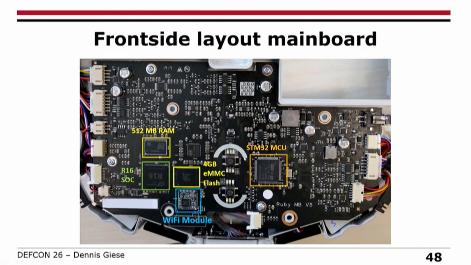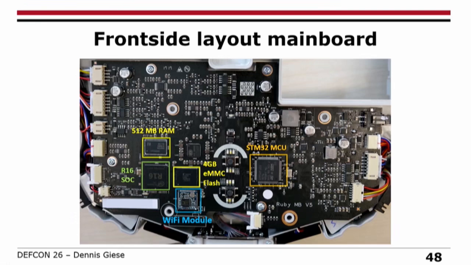For all the real-time tasks, for example for the wheels and the sensors, we have the STM32, in the orange field, which takes care of all the real-time tasks. There's one fun thing here. The quad-core R16 has an SWD connection to the STM32, so it can update the flash over more or less a JTAG interface.